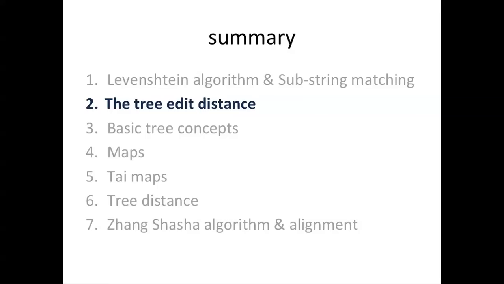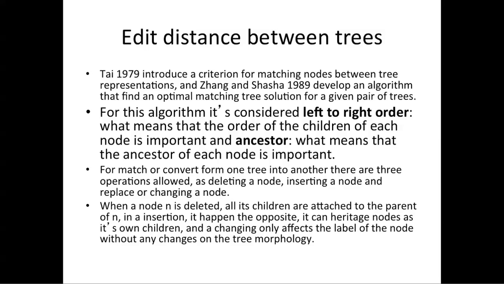Now let's go to tree-edit distance. The tree-edit distance was proposed to solve what is the minimal tree mapping, and Zhang and Shasha proposed an algorithm to do it. A tree mapping is a mapping in which the right to left order is preserved, so siblings cannot swap order, and the ancestry relation is preserved.